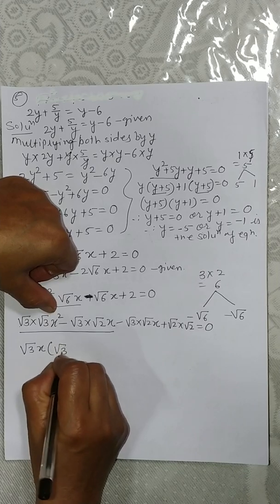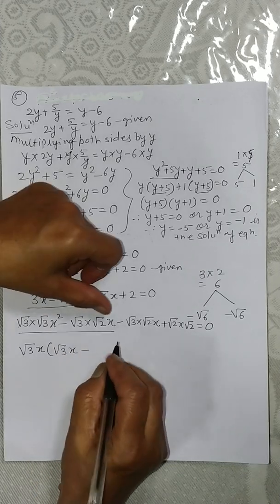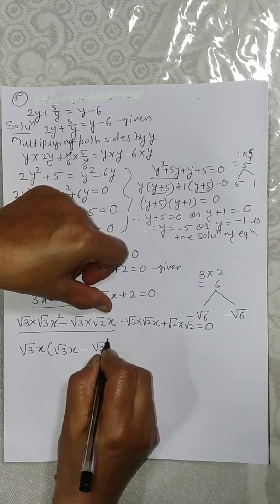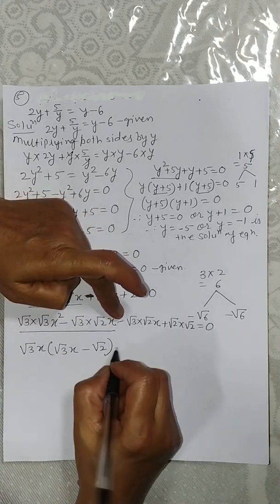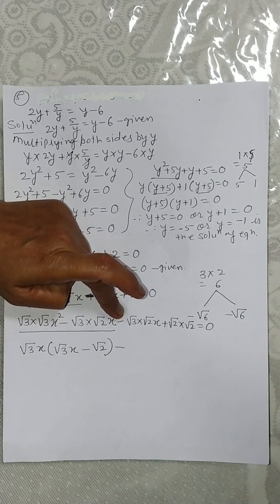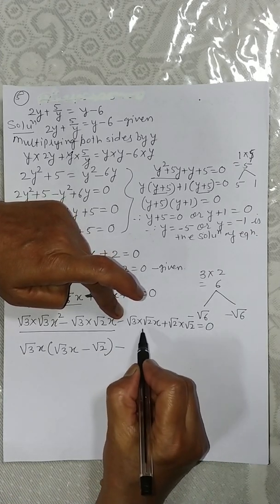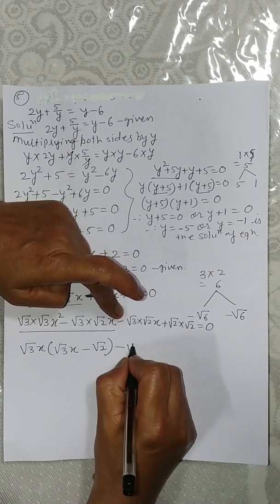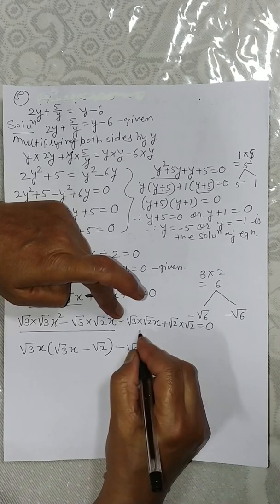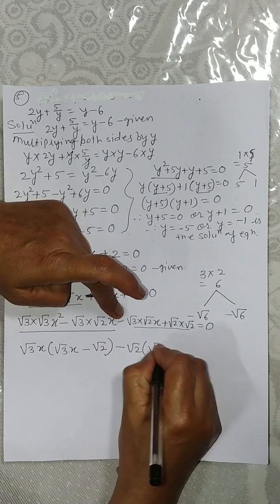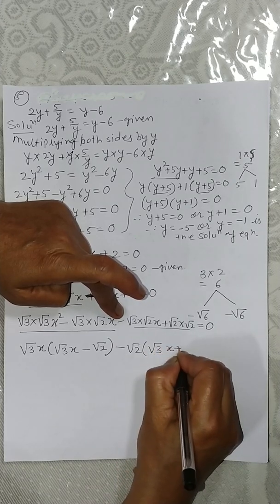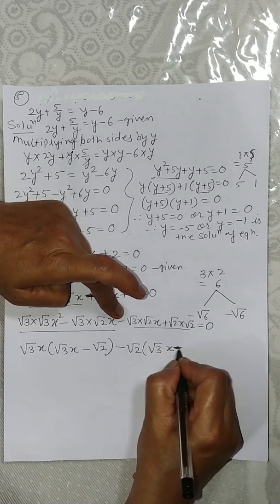Root 3x minus here is root 2, because root 3x is common. Now here it is negative, so take out the minus sign. Now here is root 2. Root 2 is common from these two terms. So we have root 3x plus minus root 2.